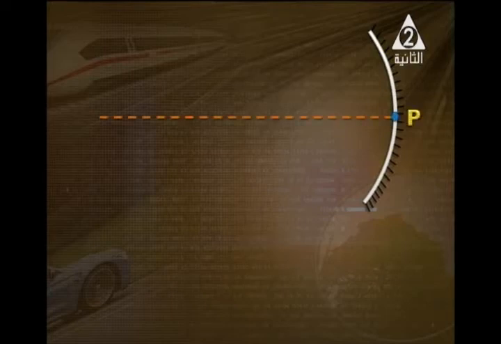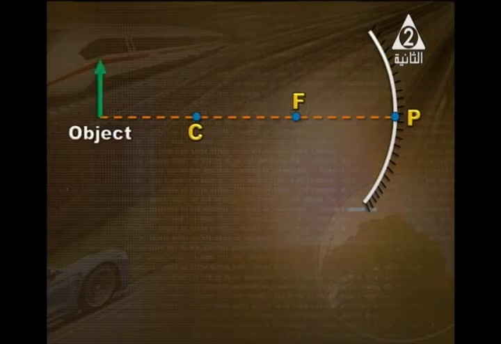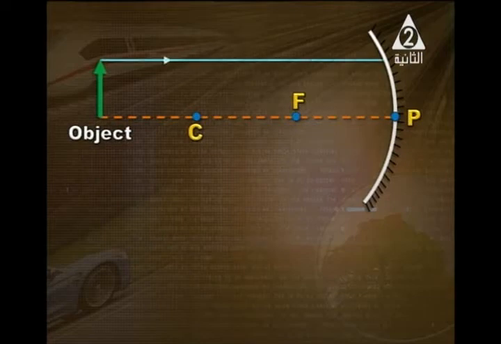The second case. This is the reflecting surface of the concave mirror, and this is the principal axis joining P and C passing through F. The object lies beyond the center of curvature. It will send a light ray that falls on the reflecting surface of the concave mirror. This light ray will reflect passing through the focus of the mirror.